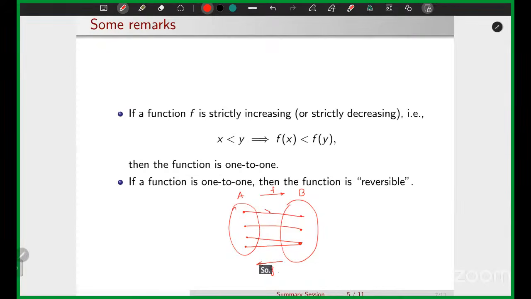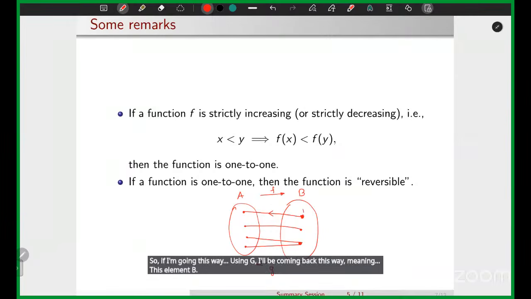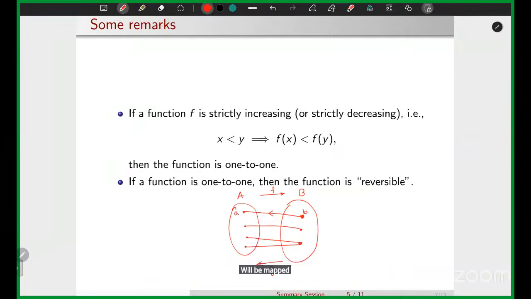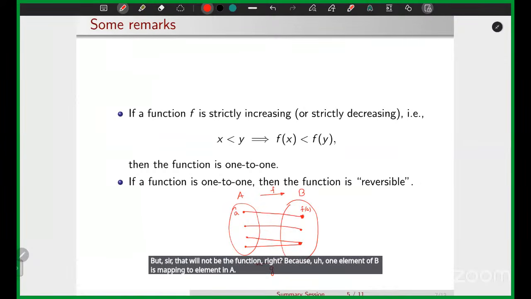So if I'm going this way, using G, I'll be coming back this way, meaning f of A will be mapped to A. But sir, that will not be a function, right? Because one element of B is mapping to two elements in A. Yes, so that's the problem.